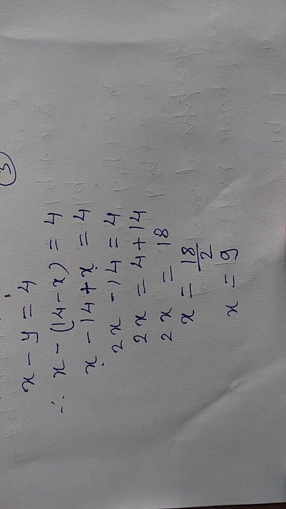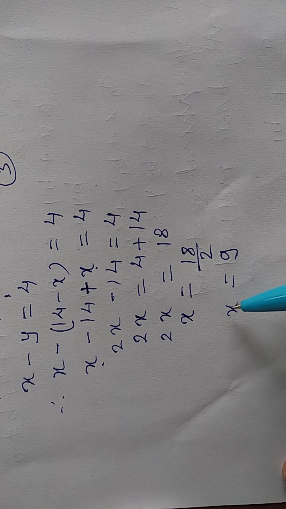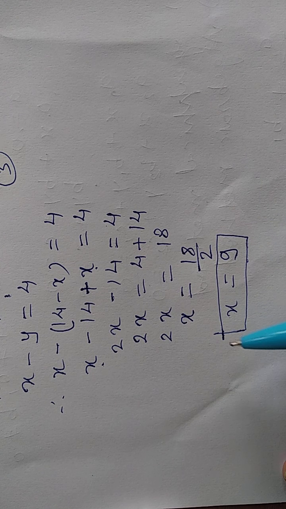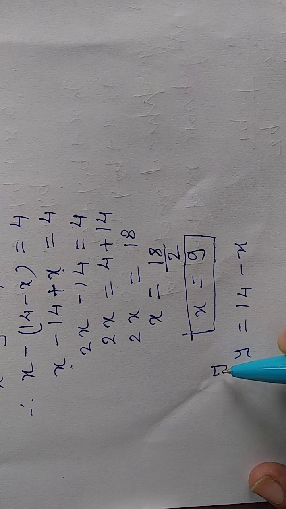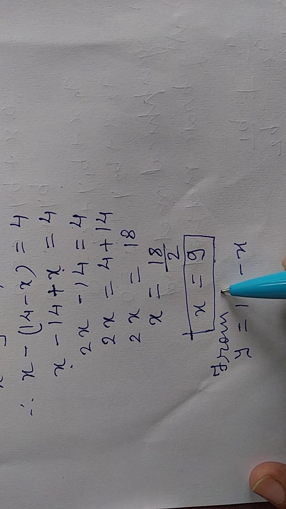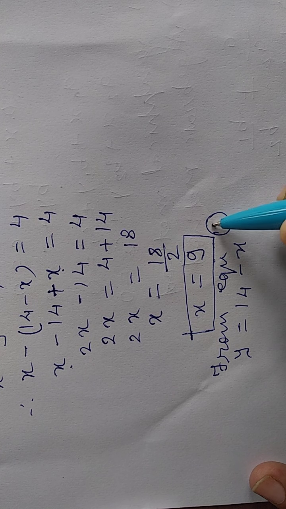Now put the value of x in equation 3. So equation 3 is what? Equation 3 is y is equal to 14 minus x. This is from equation 3.